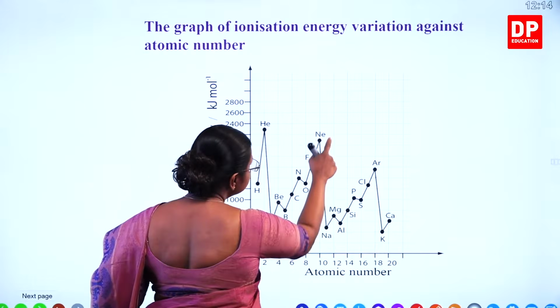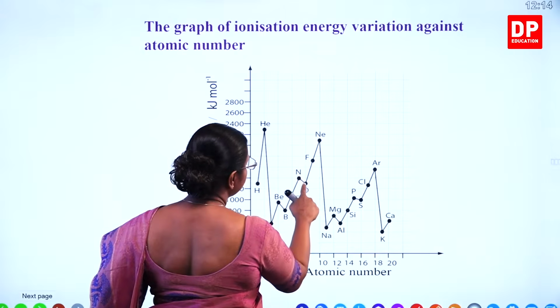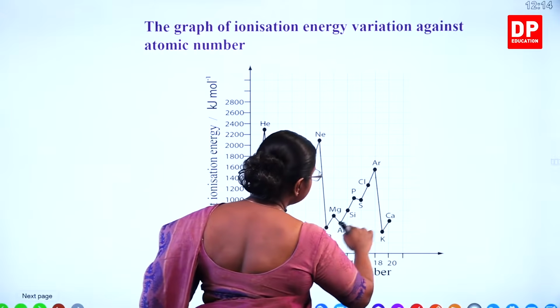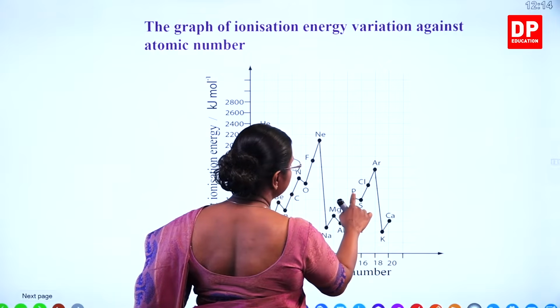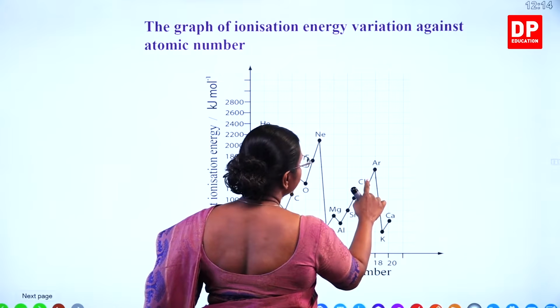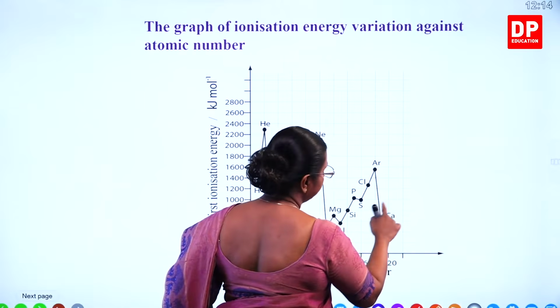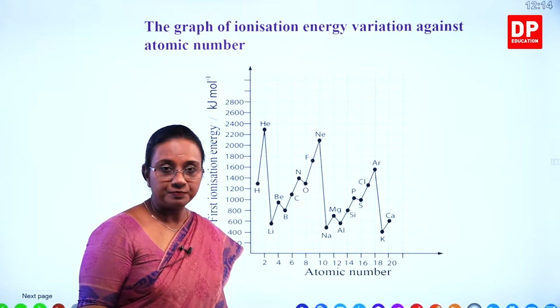This is the second period. Lithium, beryllium, boron, carbon, nitrogen, oxygen, fluorine and neon. Then we have the third period elements, sodium, magnesium, aluminium, silicon, phosphorus, sulfur, chlorine and argon. And the last period, potassium and calcium only.